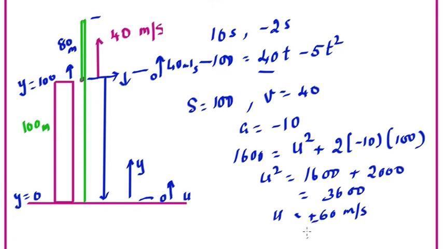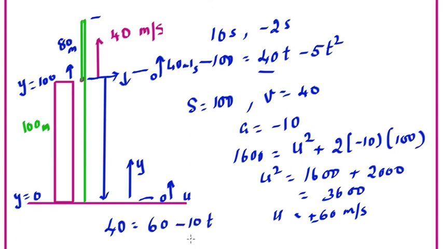Plus or minus. We are now looking at the plus solution because we are asking with what velocity must someone have thrown it up. So if someone had thrown it up with plus 60 meters per second, how long did it take to go up there? Well, that's very easy to find out. v is 40, is equal to u, which is 60, we just found that out, plus a t.